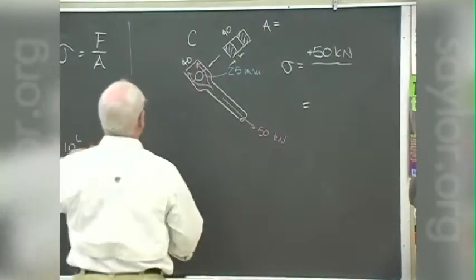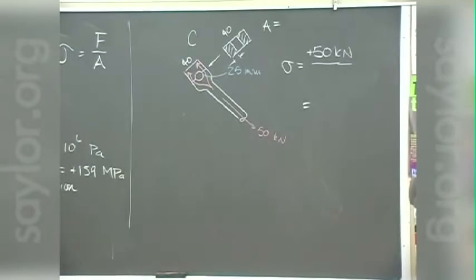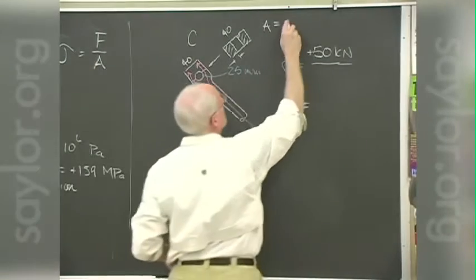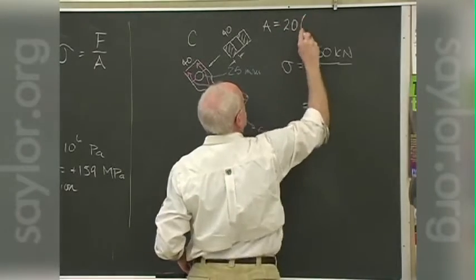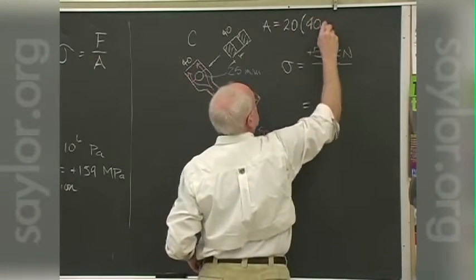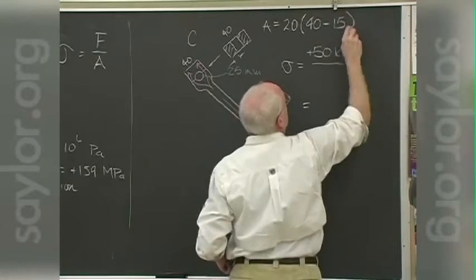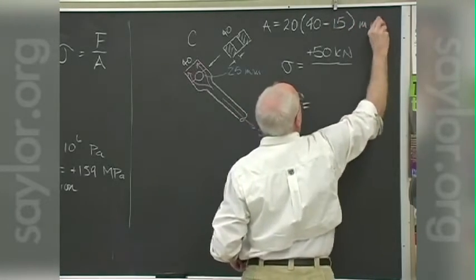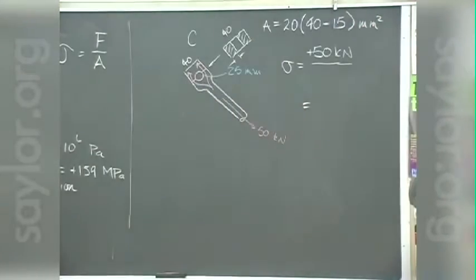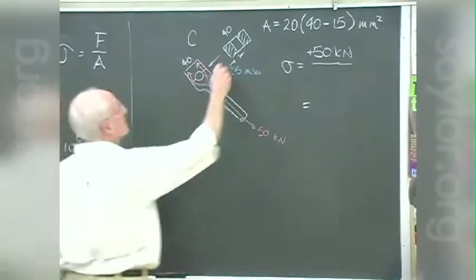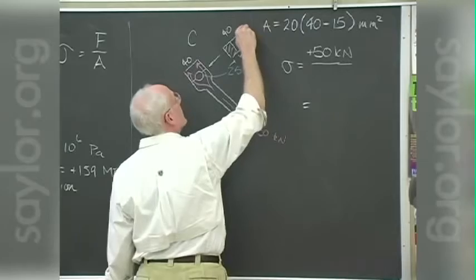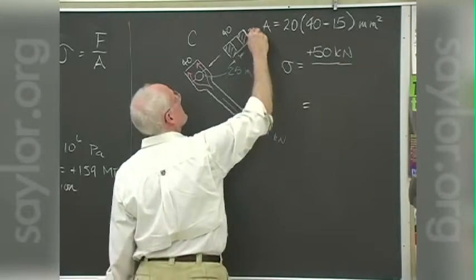Because for the area, we also have to take into account the thickness of it, which is 20 millimeters. Then it's times the 40 minus the 15 millimeters squared. Because I didn't take into account that thickness, which is 20.